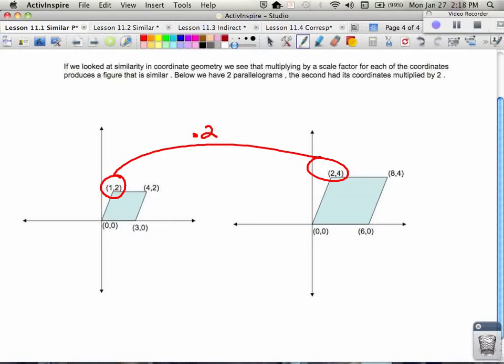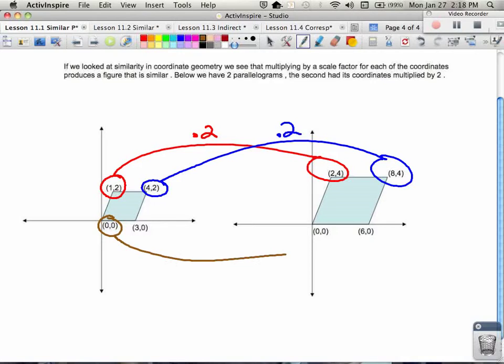And as we go from coordinates on the top right to coordinates on the top right, we have multiplied by 2. Funny enough, when you multiply 0 and 0 by 2, it doesn't change the coordinates, but it doesn't mean that we haven't multiplied by something, so we've also multiplied by 2 there as well. And the last coordinates, 3, 0, if you double each of those, you will find 6, 0.